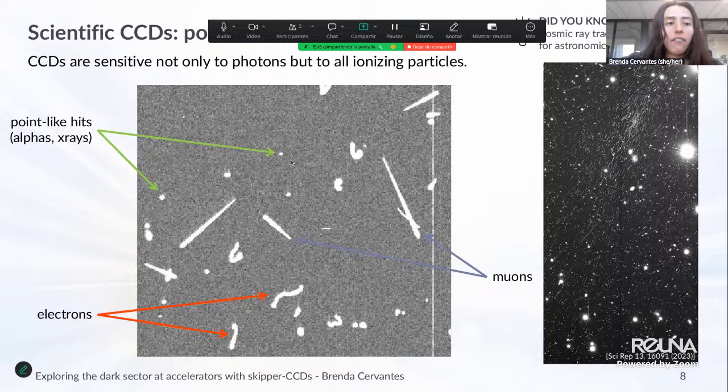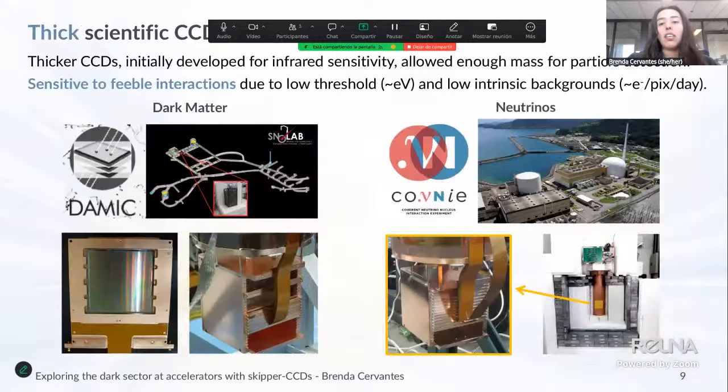And as we have very great spatial resolution, we are able to discriminate each of these tracks based on the geometry. So you can see muons as long tracks, point-like hits, probably from X-rays or alphas, and electrons as wobbly tracks. So these are great sensors also to study particles.